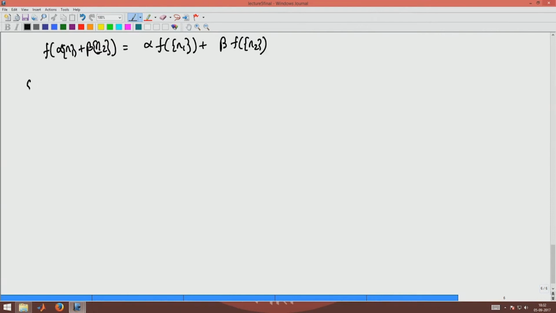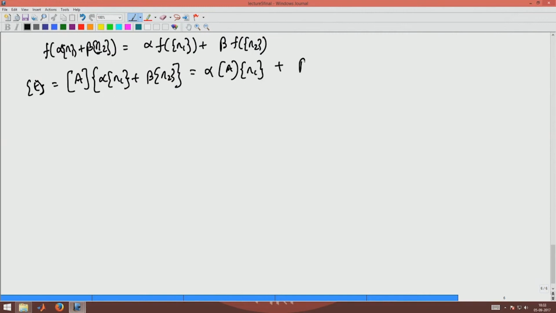So, what do I have? I have T is equal to A, which is given, times alpha times n1 plus beta times n2. This will be alpha times A n1 plus beta times A n2, because alpha and beta are scalars.